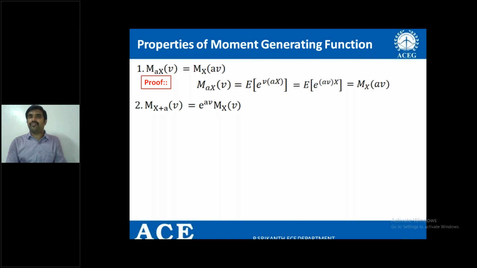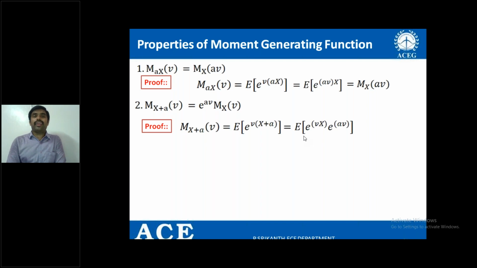Coming to the second property of the MGF, what is the second property? m of x plus a of v equal to e power av into mx of v, right? So here we can prove this. How do you prove it? In m of x plus a of v, in the place of x we have x plus a, so the term becomes the expectation of e power v into x plus a, right?